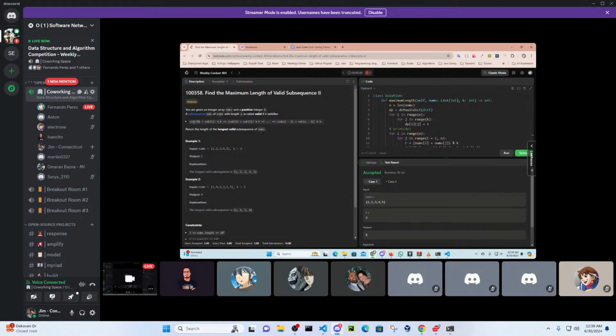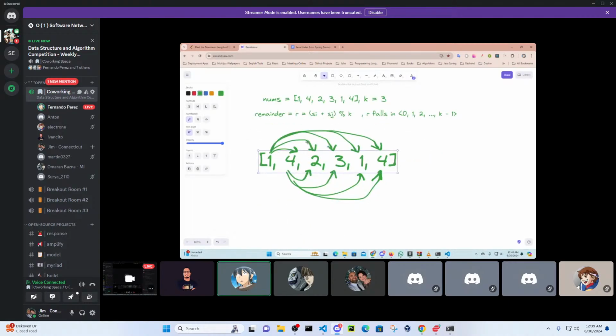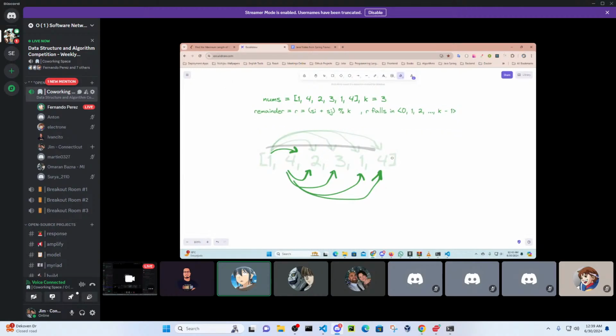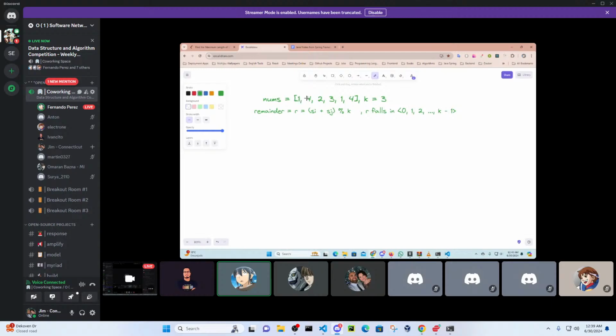So I analyzed that when you sum up two values, I'm going to delete this or this. Whatever the sum would be, like 1 plus 4 or 1 plus 2, modulo k is going to fall into this range from 0, 1, 2 until k minus 1.